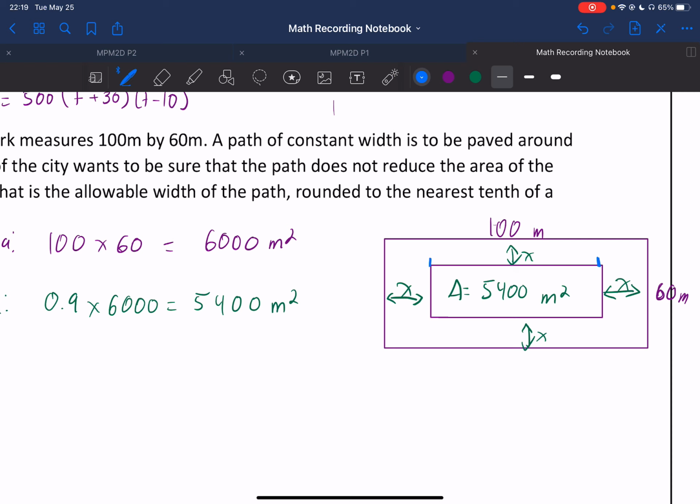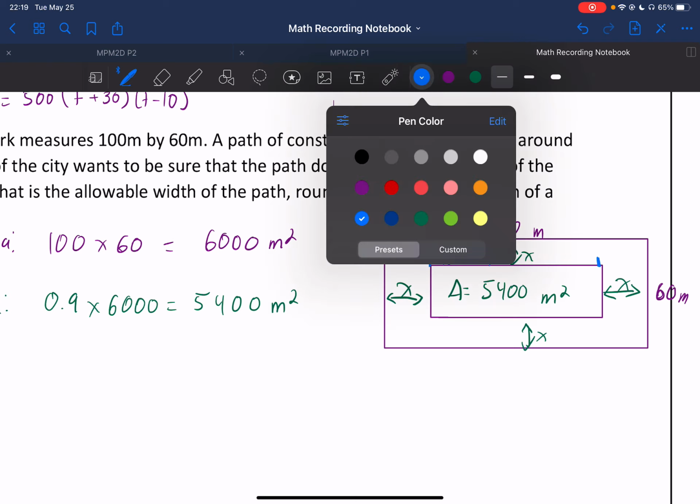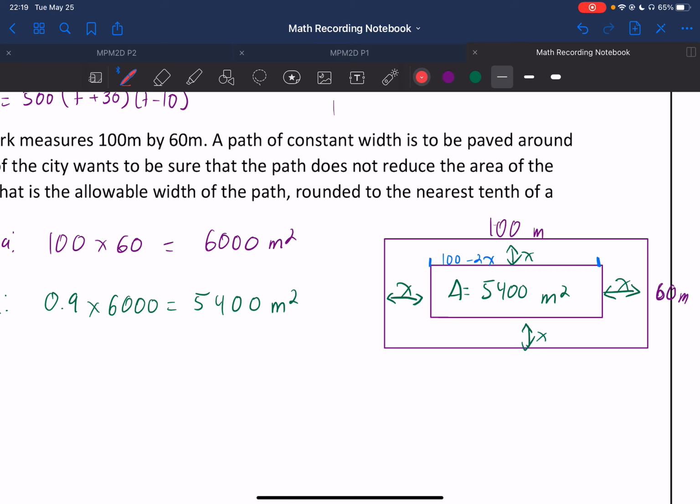So we could relabel this as 100 minus 2x. Likewise, this section from here to here is this 60 meters taking away the x here and here. So it's going to be 60 minus 2x again.